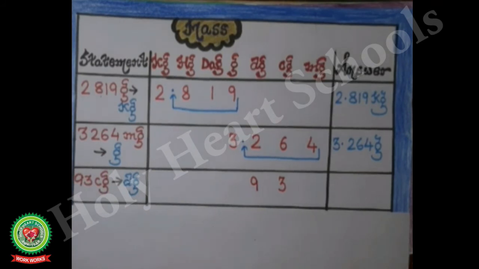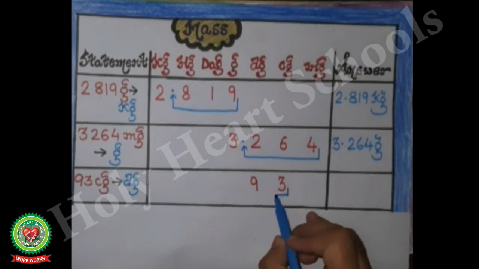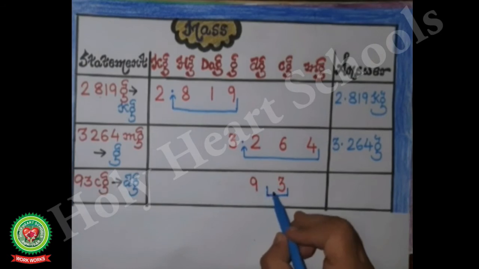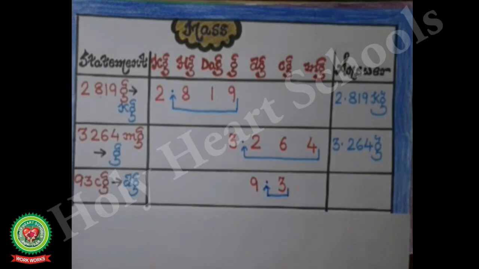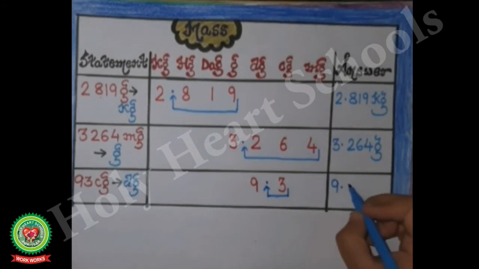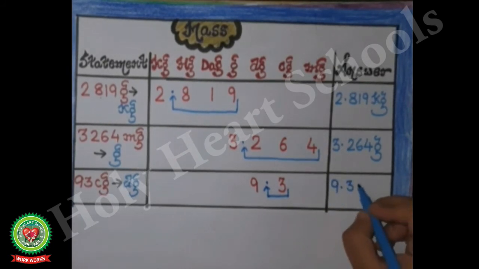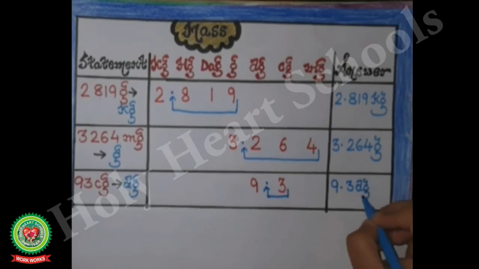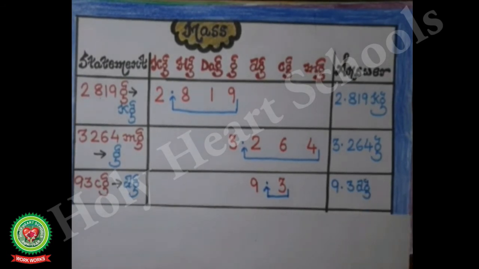We have to convert it into decigrams. So that means centigram will change into decigram. So here after decigram, 1 dot will come. So what is the answer? Answer is 9.3 decigrams.